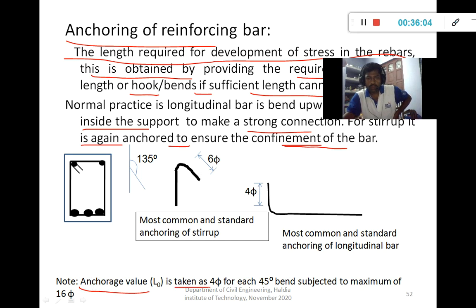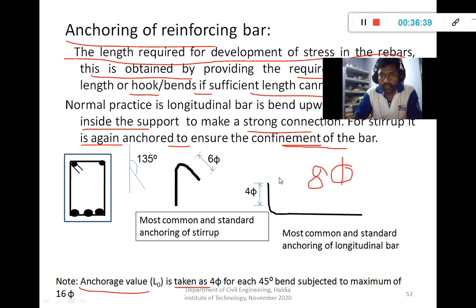The anchorage value is taken as 4 phi for each 45 degree bend, subject to a maximum of 16 phi. So if the longitudinal bar is bent at 90 degrees, the anchorage value is 8 phi, because each 45 degree bend gives 4 phi.